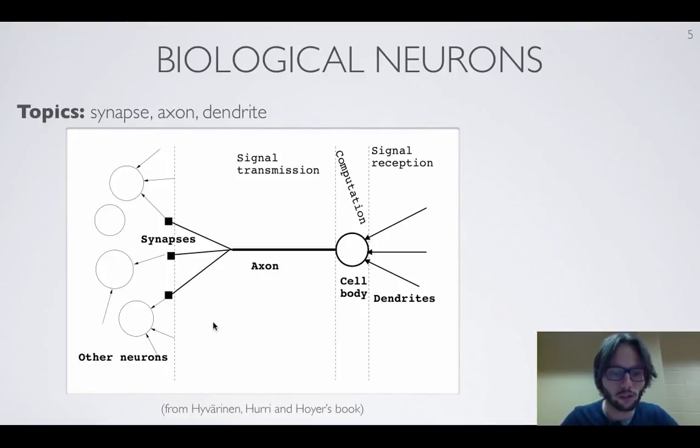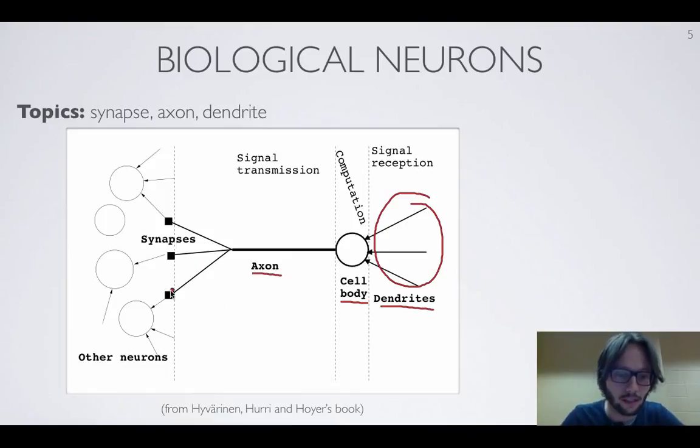There's a cartoon illustration of all of these different terms. So for a given neuron, it has some dendrites. So these are these arrows here. And this is how information is being sent into the cell body or the soma of the neuron. Then there's some chemical activity that happens here. And the result of this chemical activity is an electrical signal that is sent through an axon.